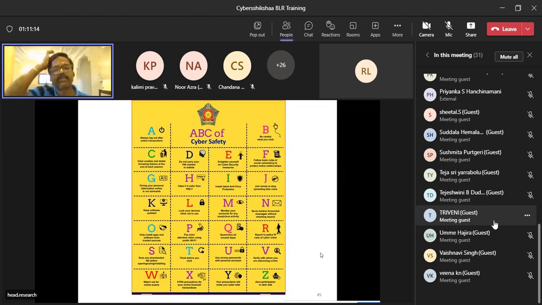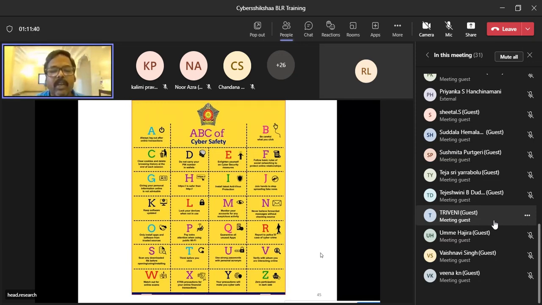And H stands for hypertext transfer protocol, where S stands for security. You should always prefer HTTPS instead of HTTP. Then I stands for install the latest antivirus protection. J stands for join hands to stop spreading fake news. And K stands for keep software updated.